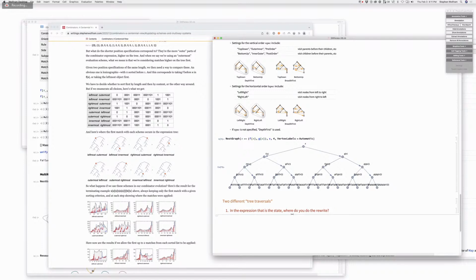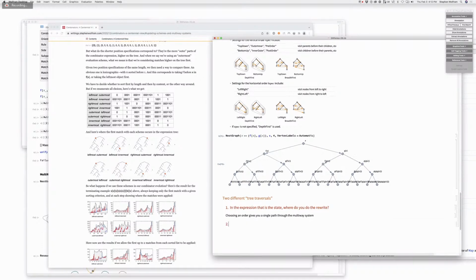That's correct. And choosing an order gives you a single path through the multi-way system. Yes. Okay, so another case is two: looking at the multi-way system and growing the multi-way graph. In what order do you grow the graph?